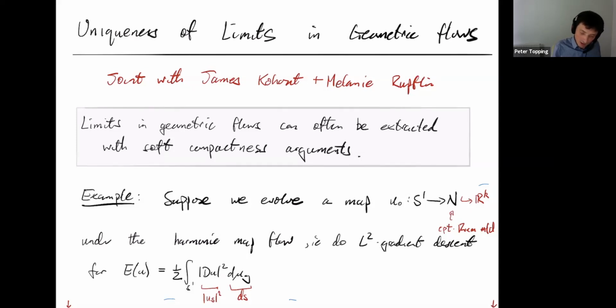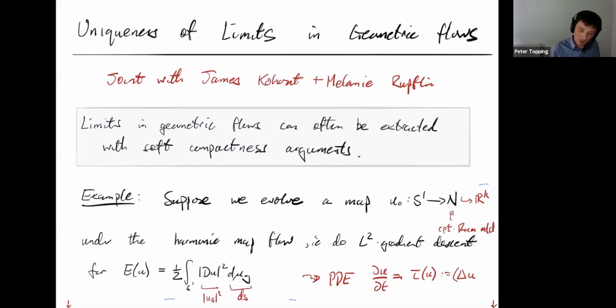So let's see what that is. The PDE for u is du/dt equals something called the tension field. I normally write it tau of u. The briefest way of writing that is to take the Laplacian of u.